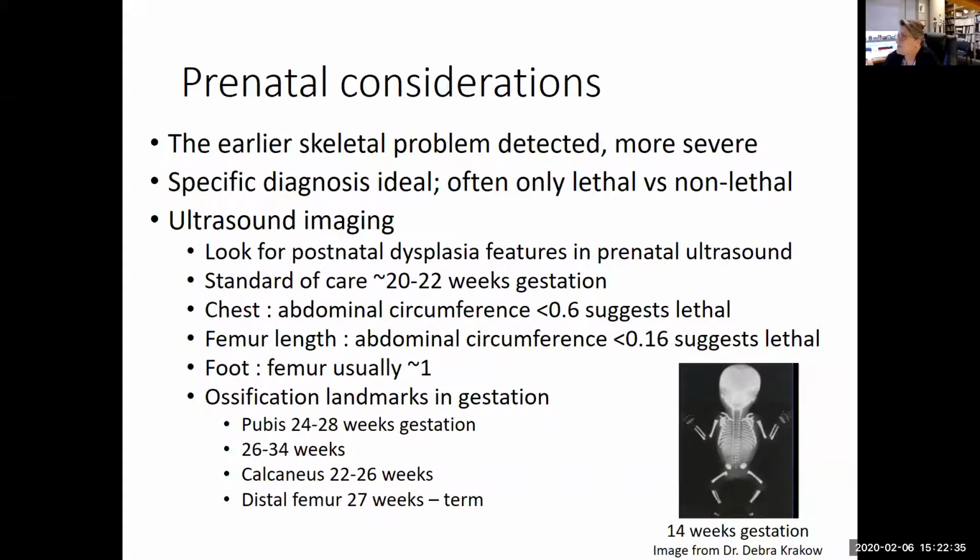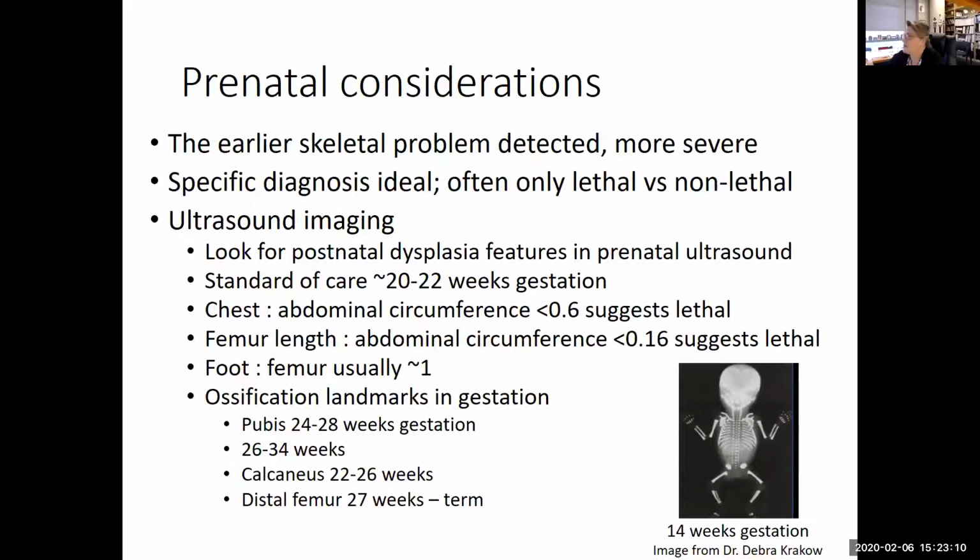Many times you don't even really appreciate the foreshortening of the limbs or even the macrocephaly until far into the third trimester, which is the point at which most people aren't getting ultrasounds. In contrast, seeing fractures in a fetus with OI before they're even being compressed or having that opportunity to fracture for mechanical reasons, but they're already fracturing, is a tip-off that this is going to be a much more severe phenotype of that particular dysplasia.